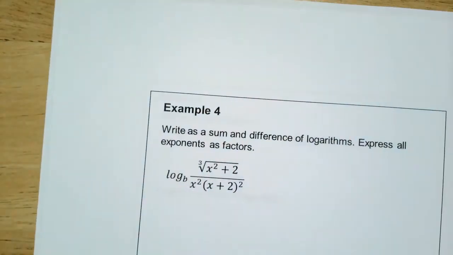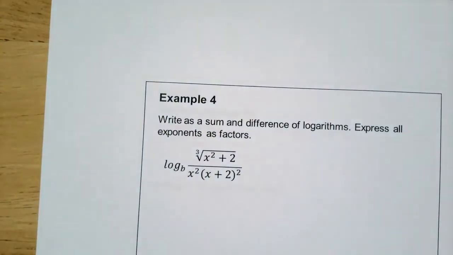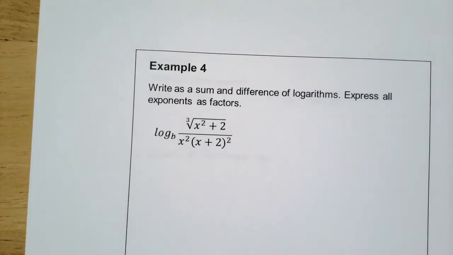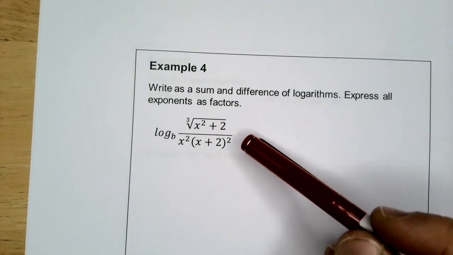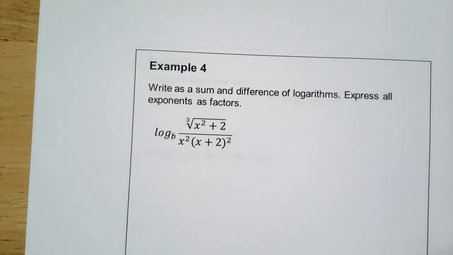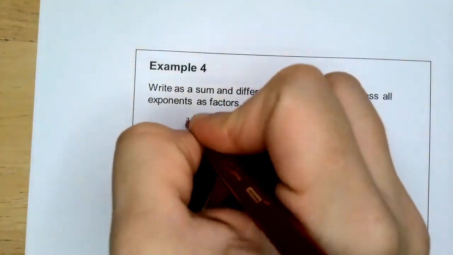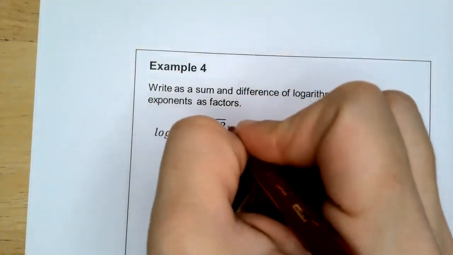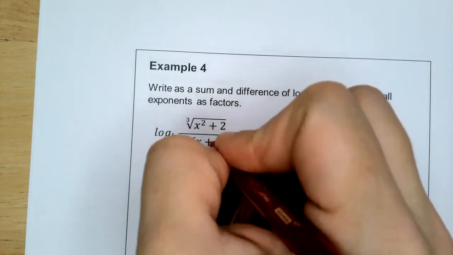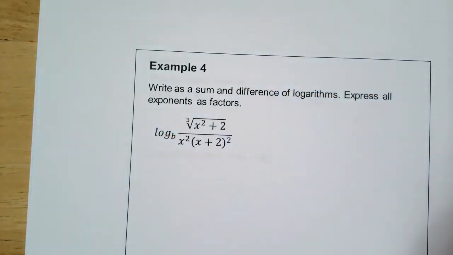Example 4, we're going to write this single logarithm as a sum and difference of logarithms, and then express all the exponents as factors. So don't leave any exponents up on top. Okay, so first, log b of the cubed root of x squared plus 2 over x squared times x plus 2 quantity squared.